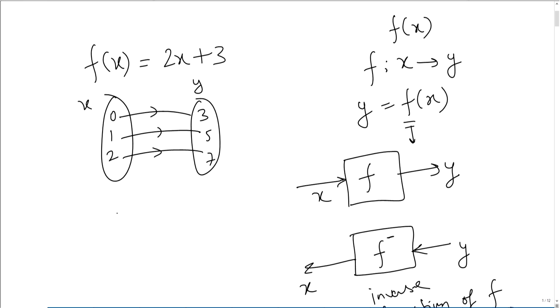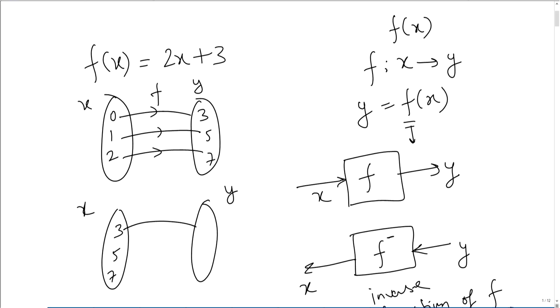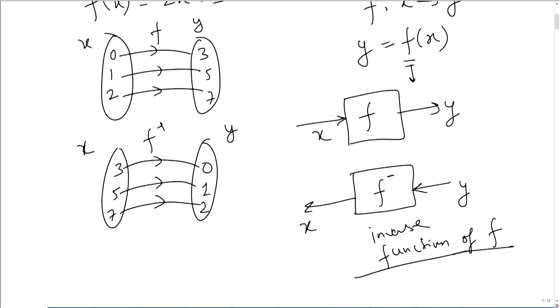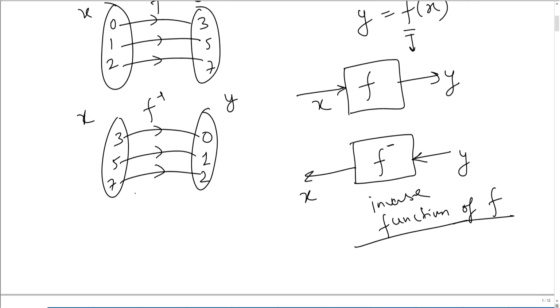But this is function f, and we want a function which does the mapping in the other way, that it takes values like 3, 5, 7 as input and gives you 0, 1 and 2 as output. So it takes 3 as input and gives you 0 as output. That's the idea. This would be the reverse process of f, or reverse function of f.